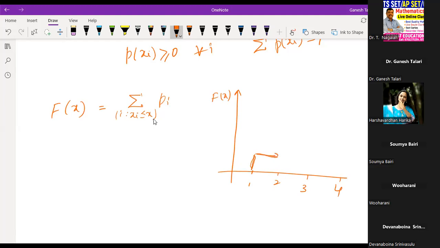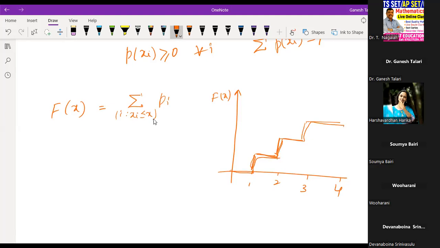Once you reach the second one, suddenly it jumps to another one, and then the next, and then the next, like that. I've already told you that it is non-decreasing monotone. Your distribution function is non-decreasing monotone.